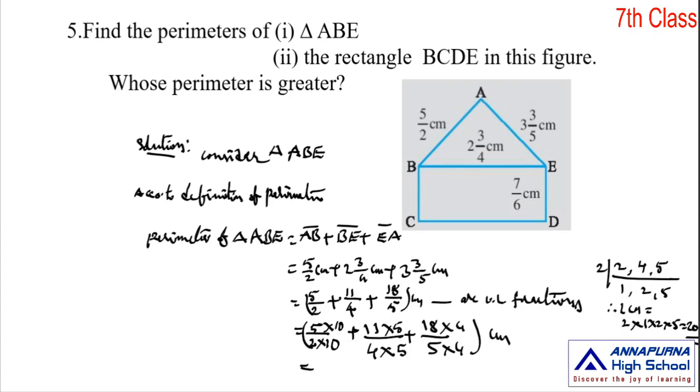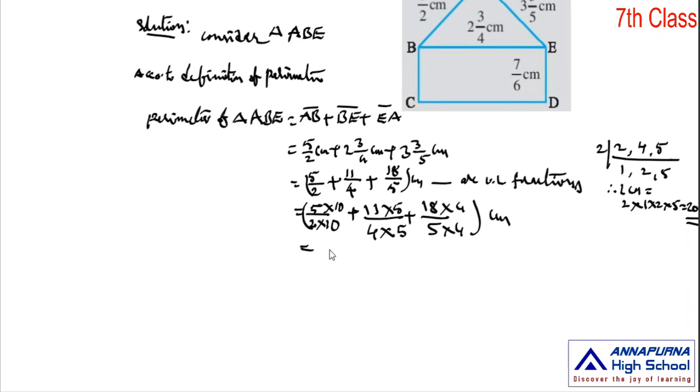Now this is equal to 5 tens are 50 by 2 tens are 20, plus 11 fives are 55 by 4 fives 20, plus 18 fours are how much? 72 by 5 fours are 20. Now these are all like fractions.